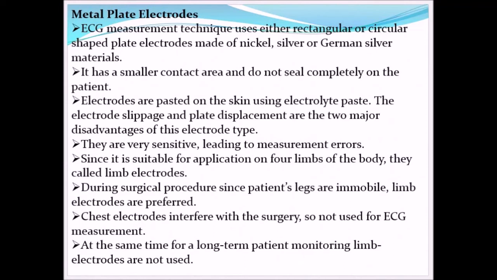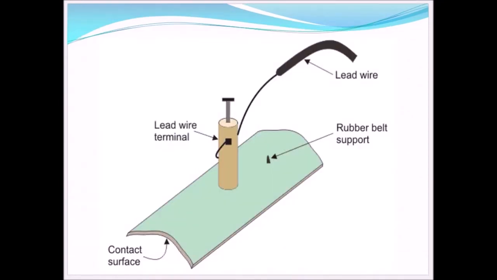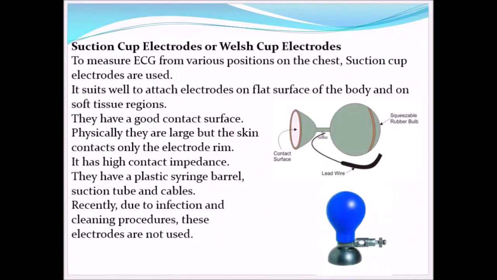Finally, it reduces the artifacts, which is a type of error that we will see in the upcoming slides. These are the advantages of using surface electrodes with electrode paste. This is a small example of the surface electrode.